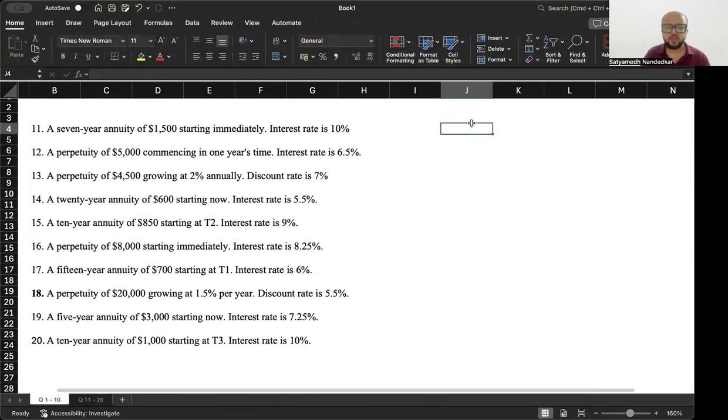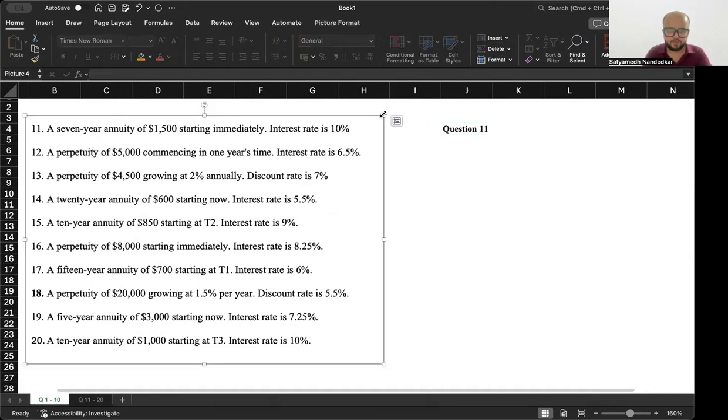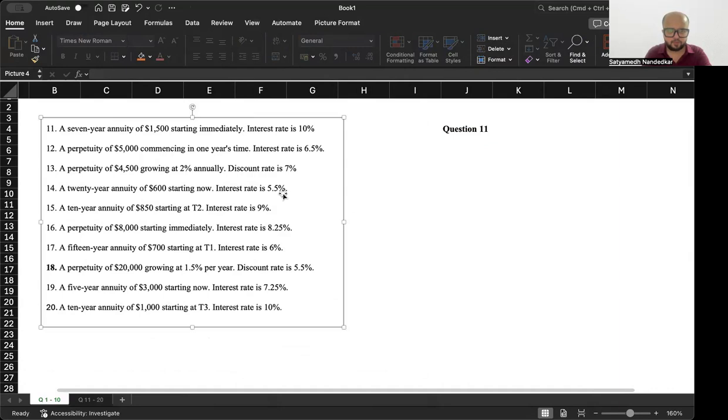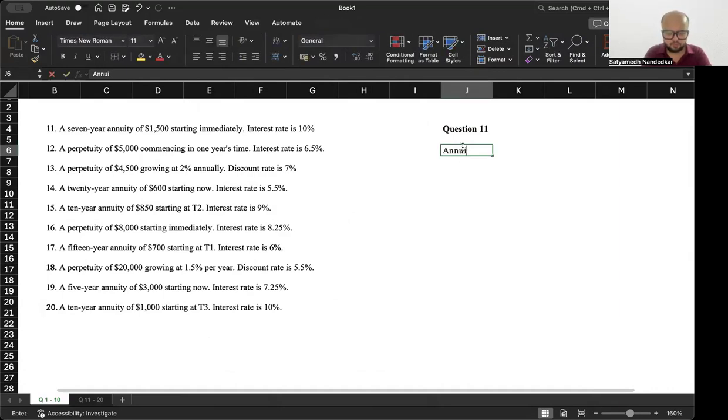A 7-year annuity of 1500 starting immediately. Interest rate is 10%. So question 11. Annuity starts at T0. What is the amount of annuity? 1500.